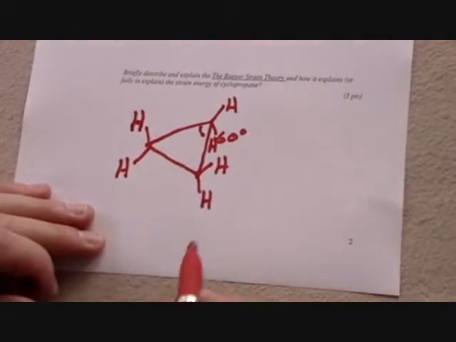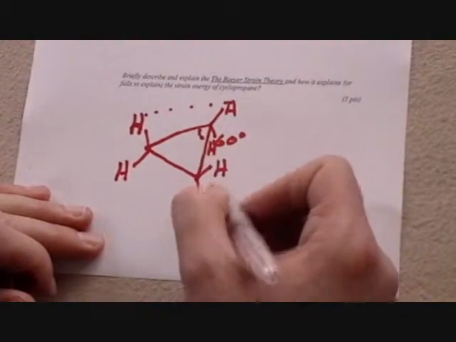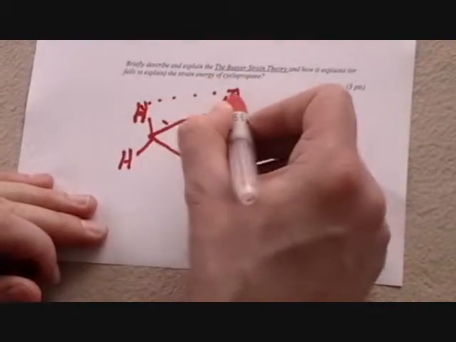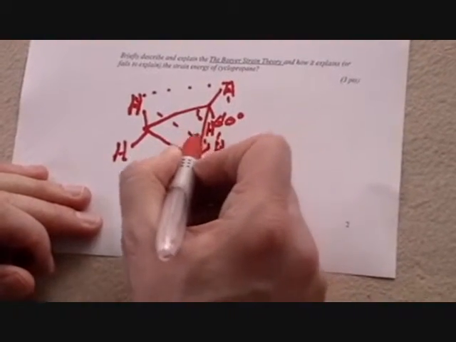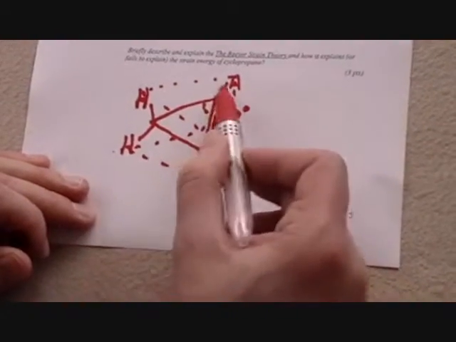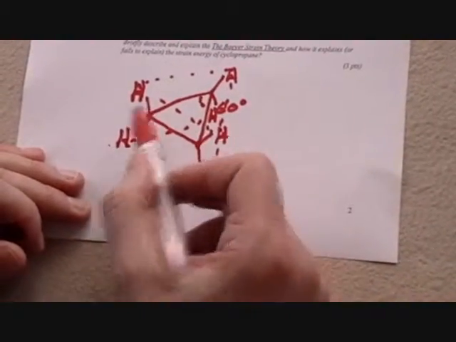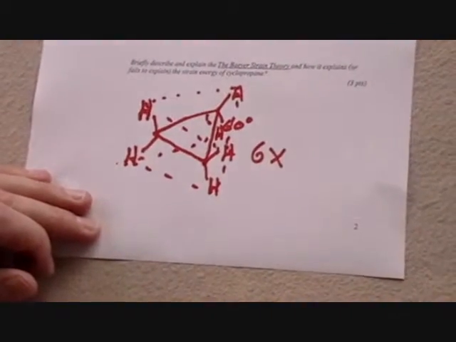With restricted rotation, we've got hydrogens eclipsing hydrogens, hydrogens eclipsing hydrogens, and hydrogens eclipsing hydrogens on the bottom of the ring as well. So it's 1, 2, 3, 4, 5, 6 examples of this kind of eclipsing strain.